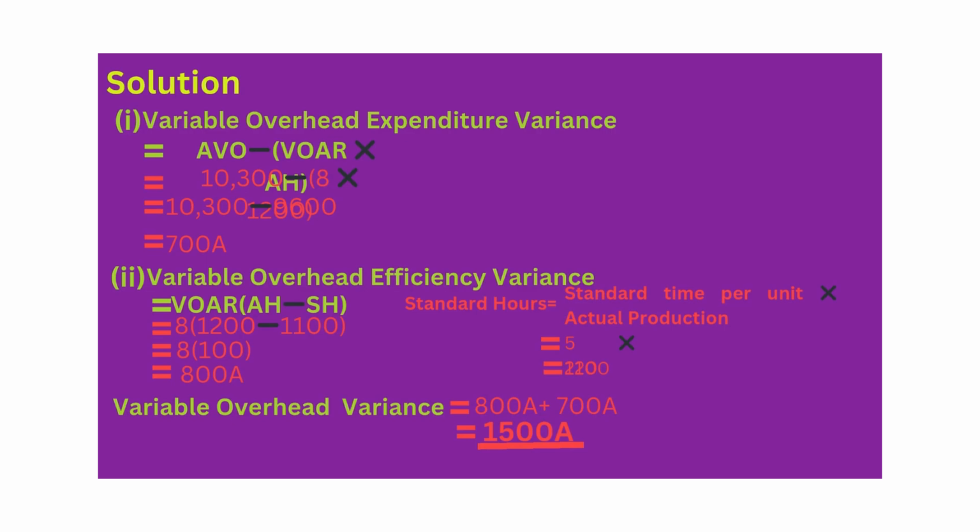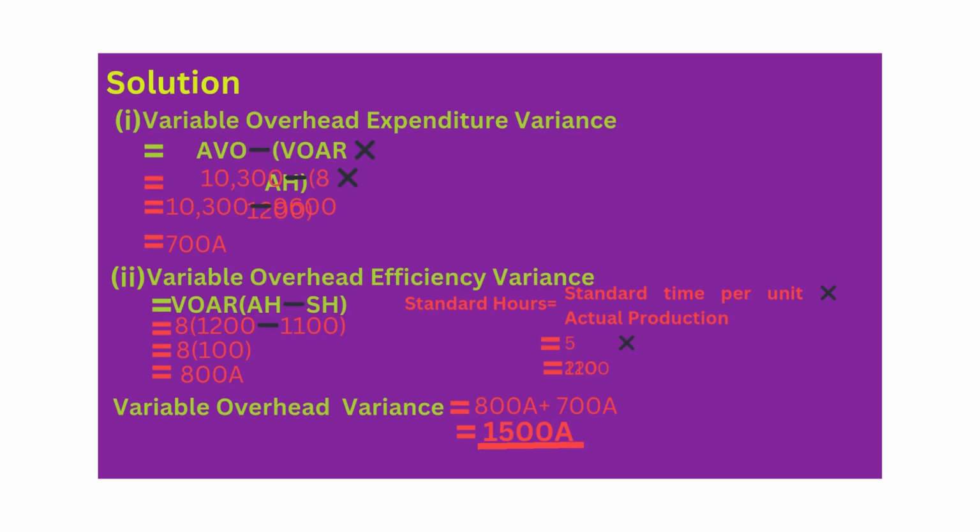Let's calculate our example. First, we calculate the variable overhead expenditure variance, which is given by actual variable overhead minus variable overhead absorption rate multiplied by actual labor hours.